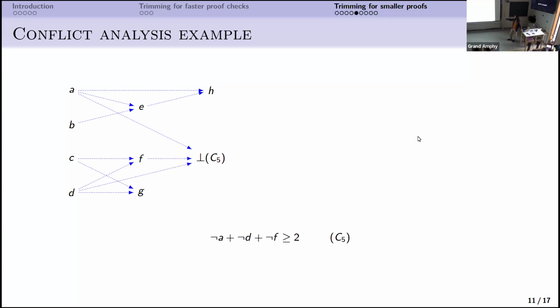What I can see here is that C5 is contradicting because A was true, D was true, and F was true. But if you look at these constraints, you can see that I only need two of these for the constraint to be contradicting. So if you allow me to choose them, then I will choose A and D, and suddenly my antecedent set is smaller because I don't need the constraint that produced E, I don't need the constraint that produced H, and so on.